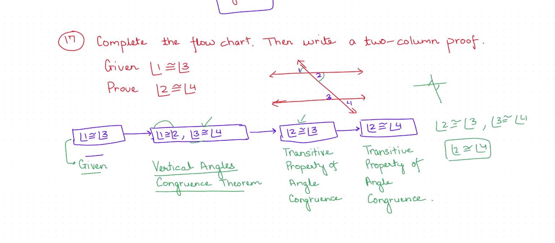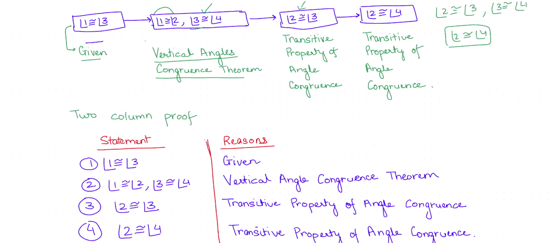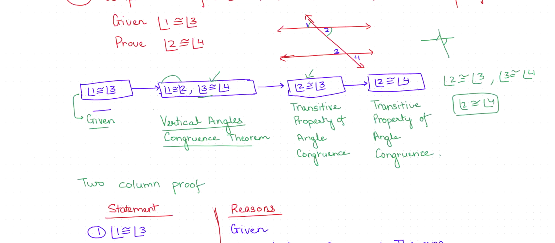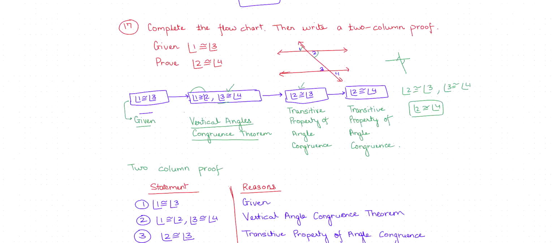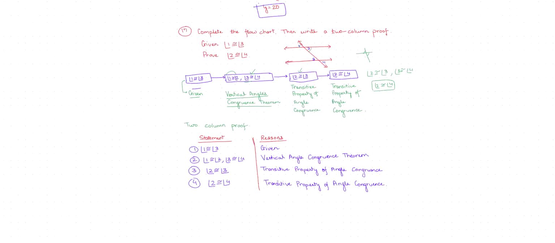Okay. Now we have to write a two-column proof. This was a flow chart, and this is a two-column proof. So we see that angle 1 is congruent to angle 3, which is given.